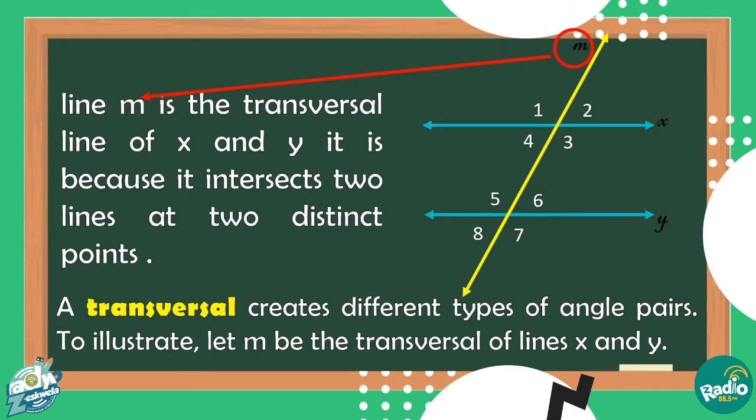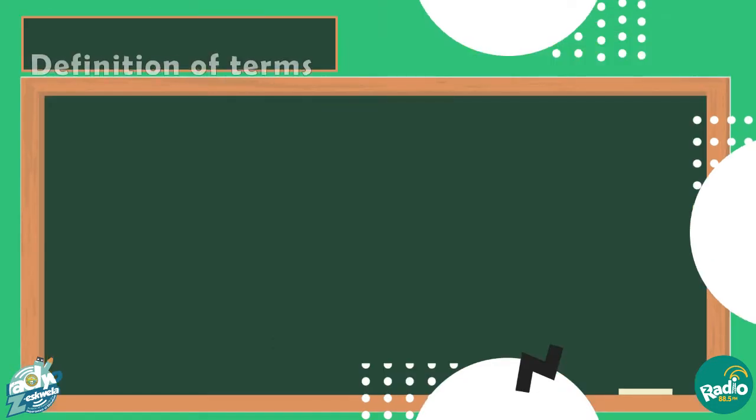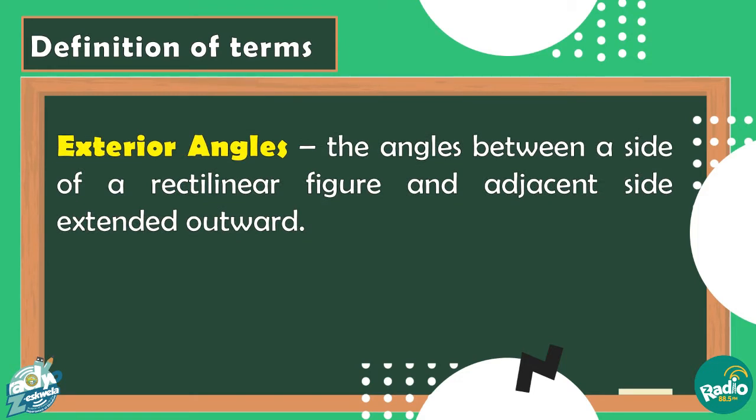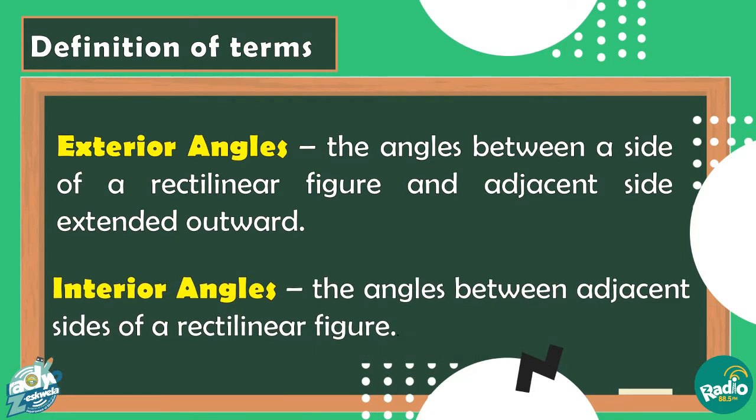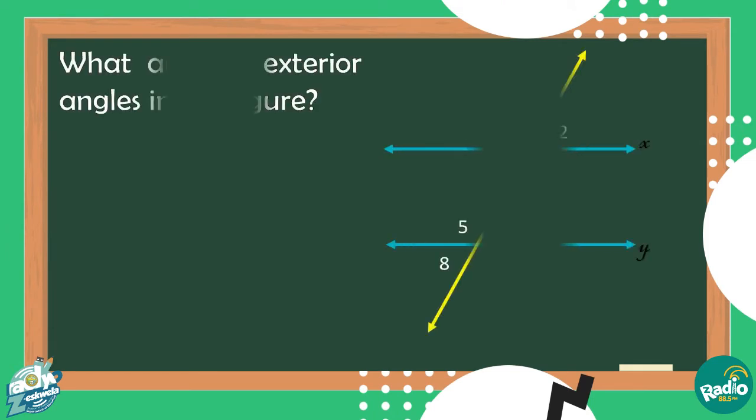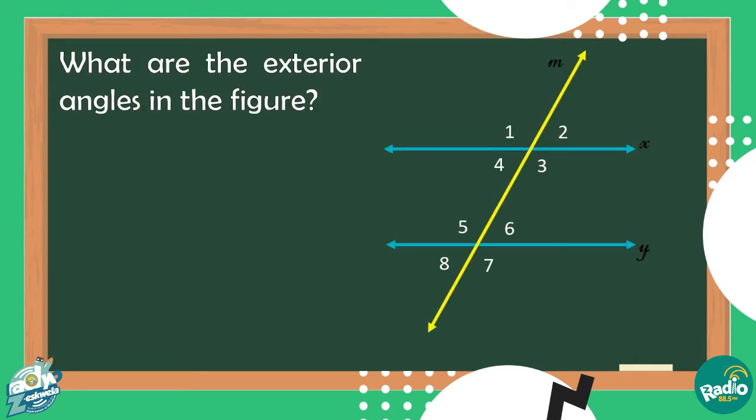Take note, a transversal creates different types of angle pairs. To illustrate, let M be the transversal of lines X and Y. Exterior angles are the angles between a side of a rectilinear figure and an adjacent side extended outward, while interior angles are the angles between adjacent sides of a rectilinear figure. Now, what are the exterior angles in the figure?